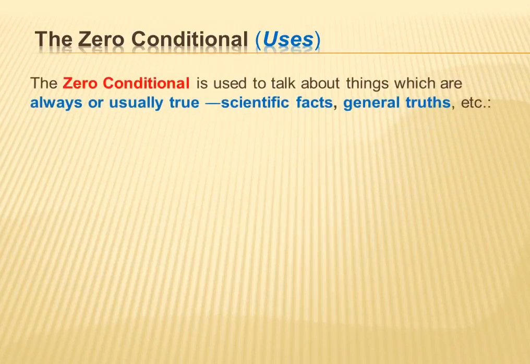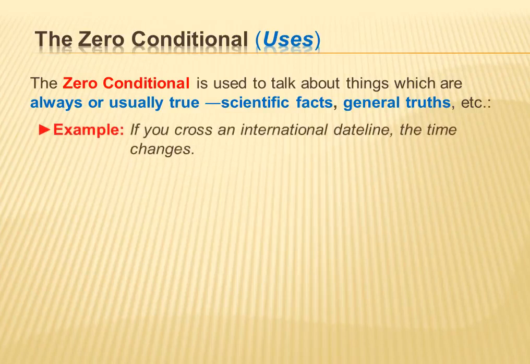Okay, so when do we use the zero conditional? Zero conditional is used to talk about things which are always or usually true, such as scientific facts, general truths, etc. For example, number one: if you cross the international dateline, the time changes.